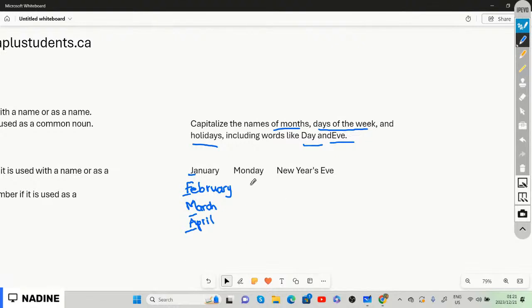We also capitalize the days of the week, like you have Monday and Tuesday, Wednesday, Thursday, and so on. And we capitalize the first letter of that word.